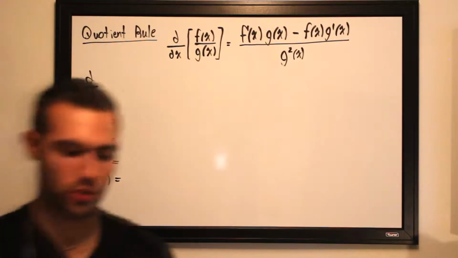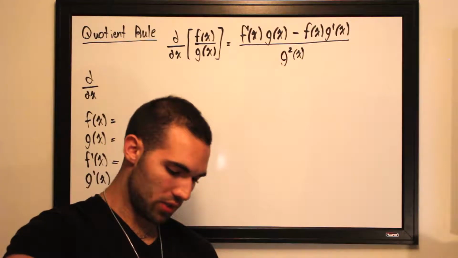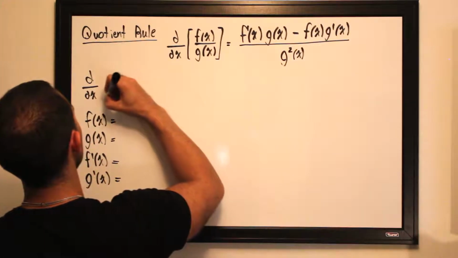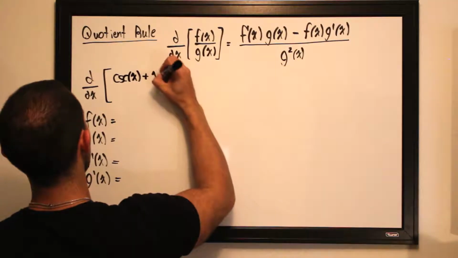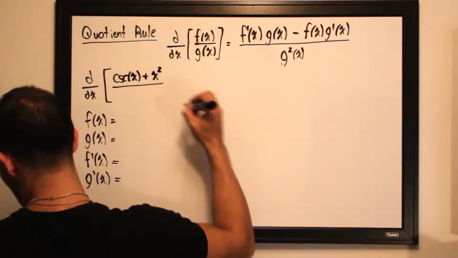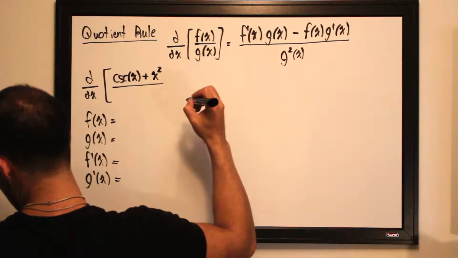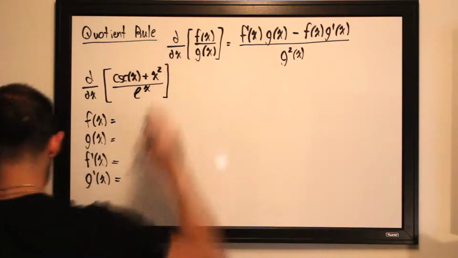Next up, we want to take the derivative of cosecant of x plus x squared, divided by e to the x.